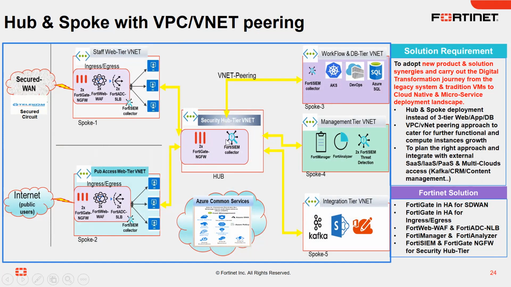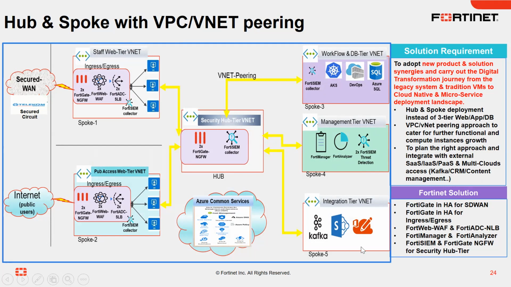Concurrently, we also have one pair of FortiSIEM to collect all the security logs here. After that, traffic will travel to the different hubs in the back end, like the workflow or DB VNet, and the management tier VNet to host FortiManager, FortiAnalyzer, and the FortiSIEM threat detection tiers. As I highlighted earlier, these are considered new synergy. So typically, governments, CIOs and CTOs want to adopt a new solution.